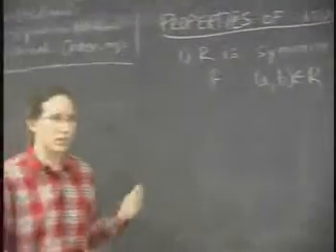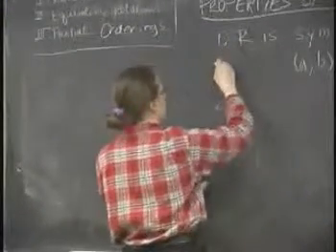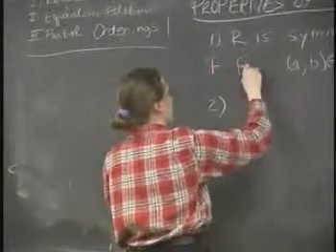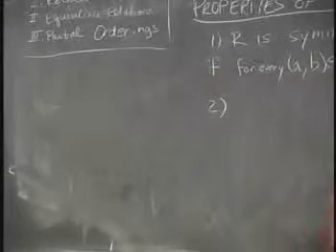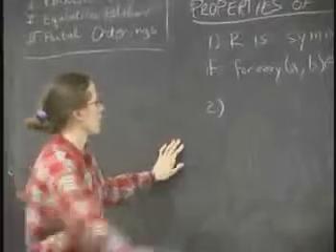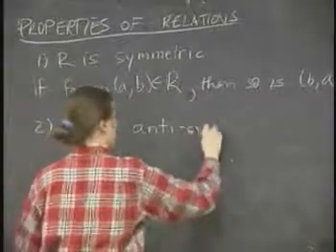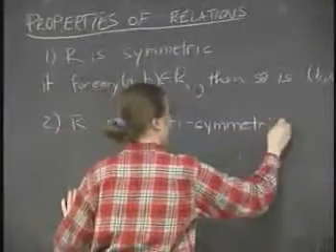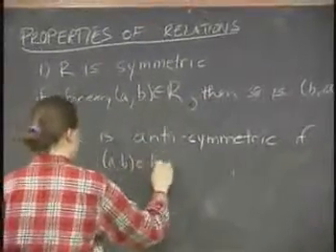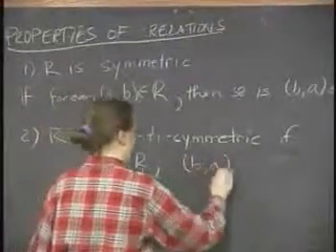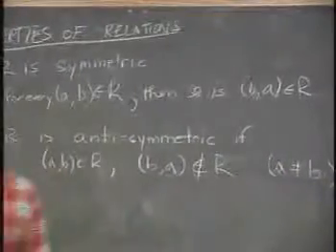We'll say it's antisymmetric if that's not true. I guess I should be more careful. Okay, so R is antisymmetric if when A, B is in R, B, A is not in R. And this is when A is not equal to B. For some A, B?